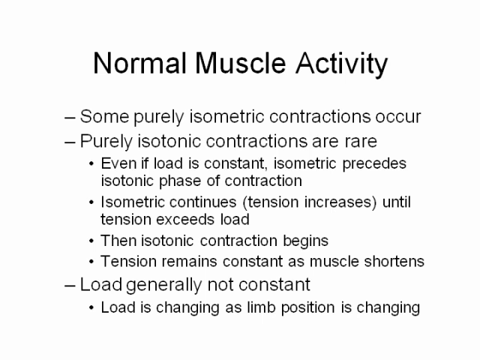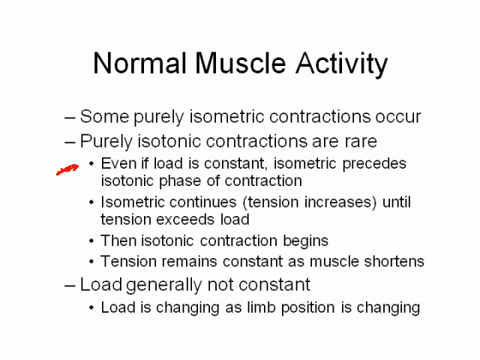So what normally happens? We're talking about things in pretty artificial circumstances so far. Well, first of all, there is always some purely isometric contractions occurring. Also, we can have purely isotonic contractions, but they are rare.